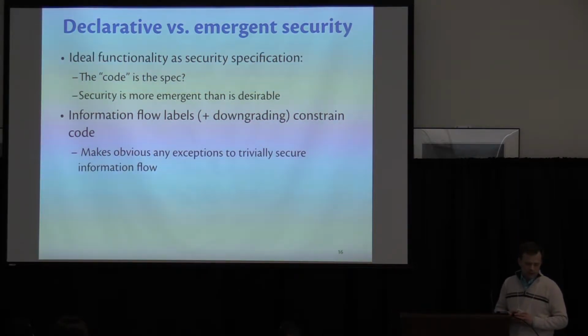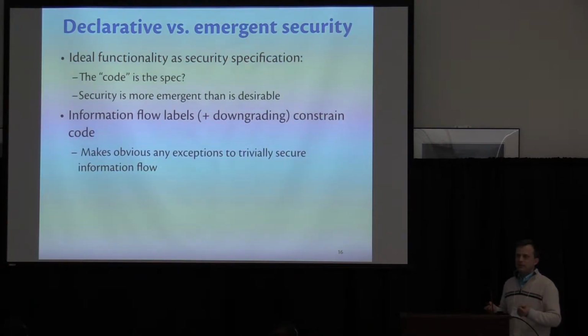And so the nice thing is that when you write down these information flow labels, it immediately starts constraining what can happen in the code. And what we found repeatedly is that when we write down programs using information flow labels, we start discovering things we didn't think of. And it gives you a lot of insight into what's going on from a security perspective. Now, almost always, you end up sticking in downgrading at various points in the program.